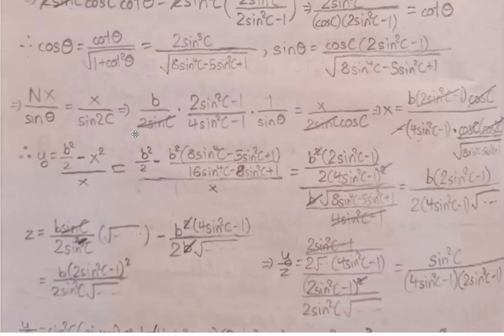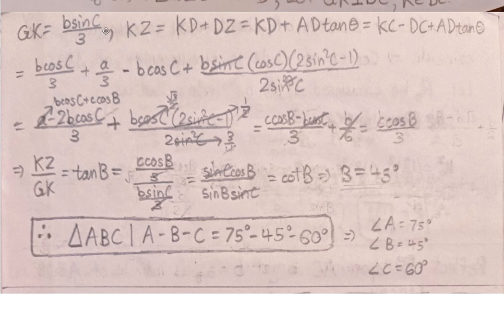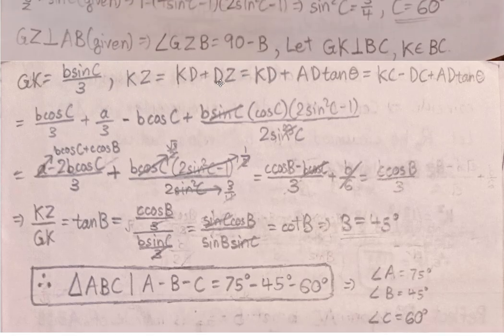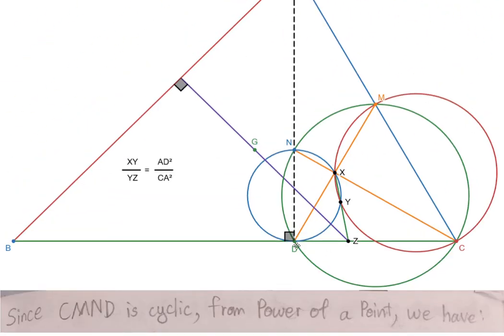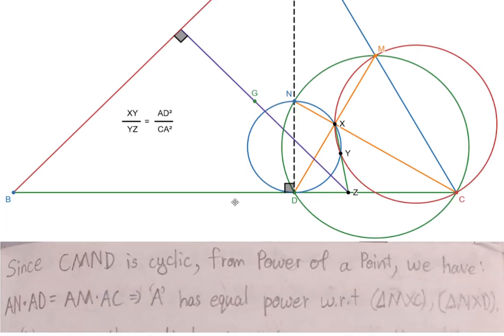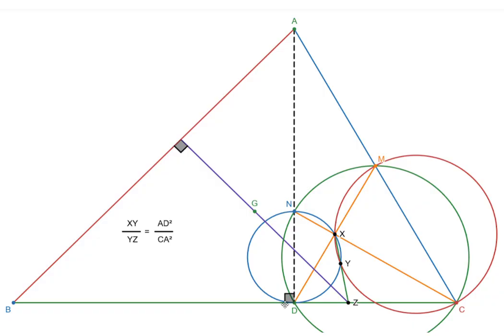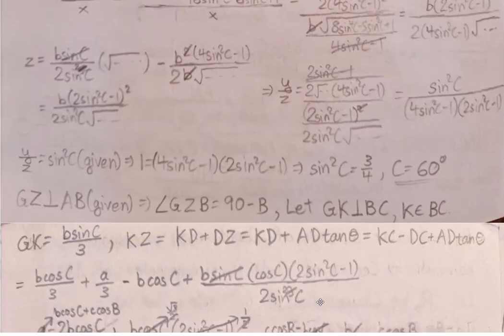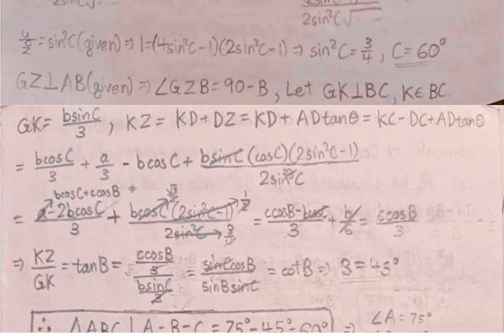So that will just give you, from coordinate geometry, b sine c by 3, and then kz is just, k is the perpendicular from G to BC. So kz will just be kd plus dz, right? Suppose we drop a perpendicular, and then you add kd, which is basically just this distance minus this distance, and then you add cd, which is just 80 tan theta, and then you just substitute tan theta, 80 and everything.